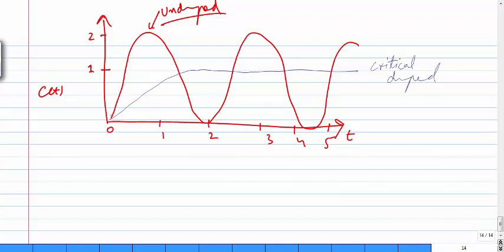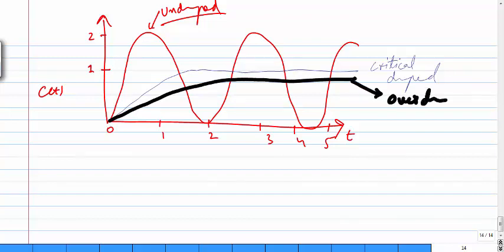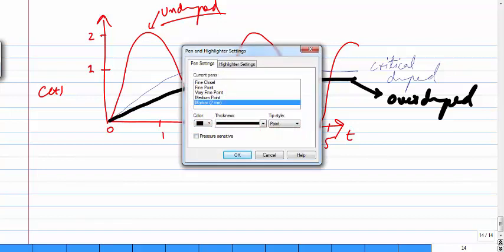I just want to plot all on one axis so that we can look at the difference. Then we have this one, our overdamped response.